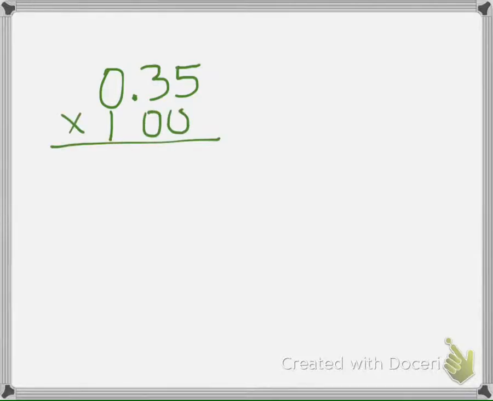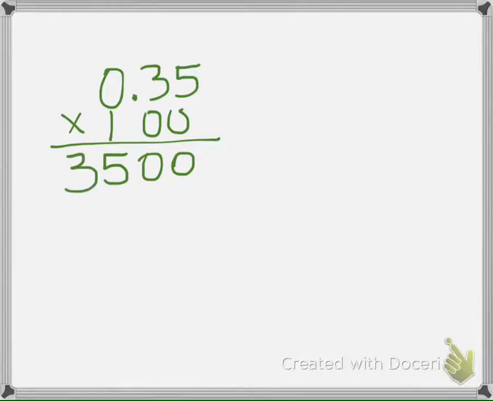Okay, and now I just want to show you if you multiply by 100. If we had, what did we have? 0.35, and if we multiplied that by 100, you would do 0.35 times 100. 1 times 5 is 5. 1 times 3 is 3.